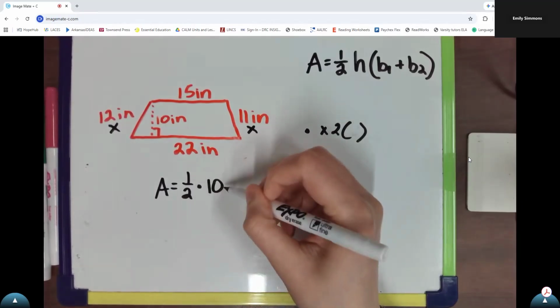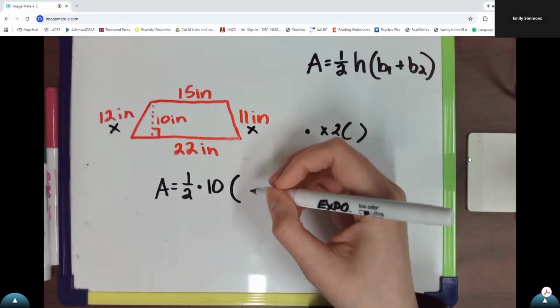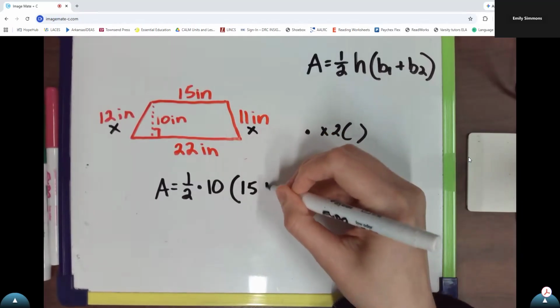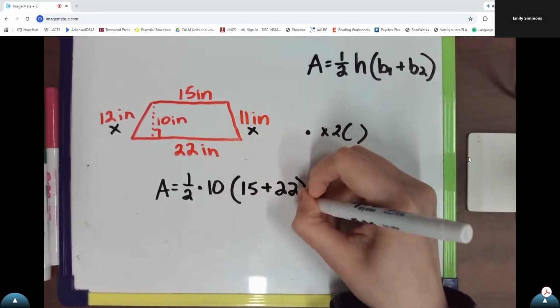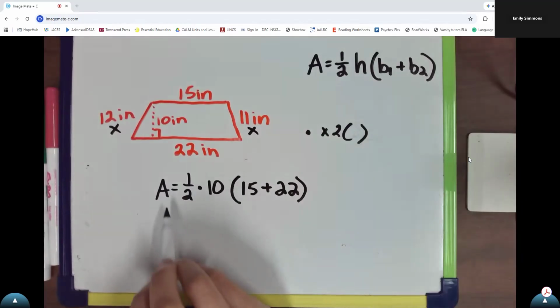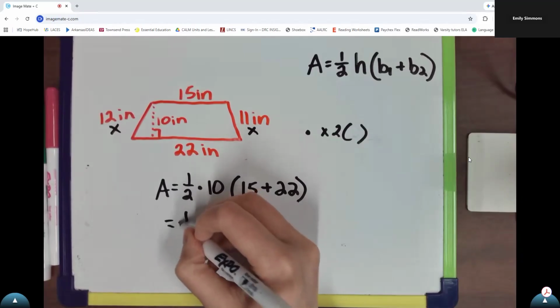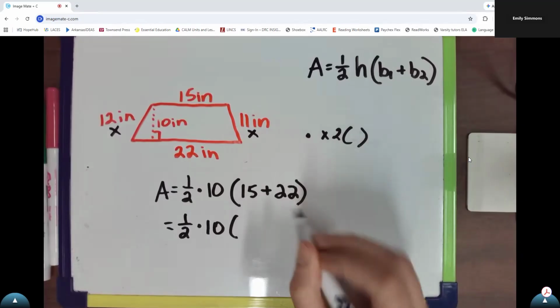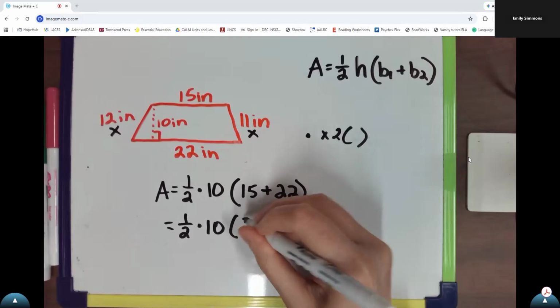So 1/2 times 10, open parenthesis, our base 1 is 15, and our base 2 is 22. So 15 plus 22, close the parenthesis. Now I'm going to solve my parentheses first. I'll go ahead and bring down my 1/2 and my times 10 and my open parenthesis. 15 plus 22 gets me 37.